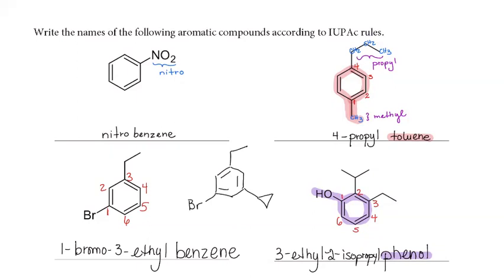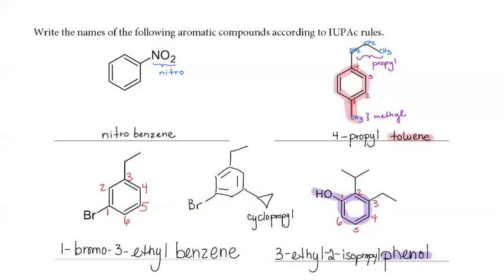Right? We know that Br is bromo. We know that that is an ethyl group. Let's say that we have that triangle for some reason attached to the benzene ring. Technically, this substituent is called cyclopropyl, because this is a cyclopropane. And we learned earlier in this chapter that if you have an alkyl chain as a substituent, it ends in -yl. So we just remove the -ane in cyclopropane and put -yl because it is a substituent.